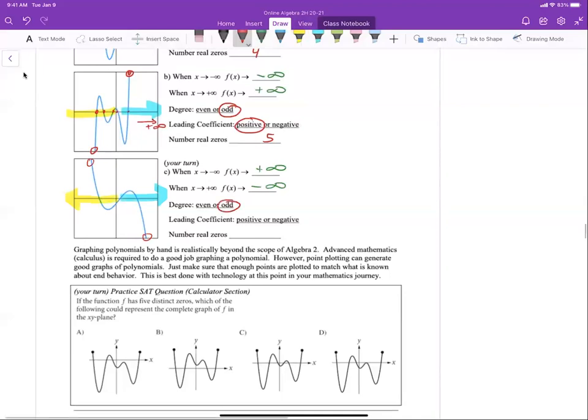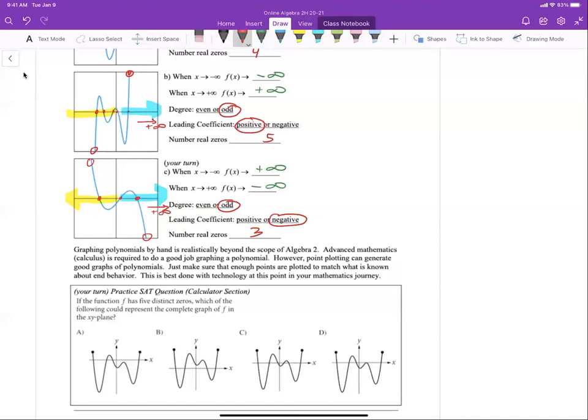Think of a line. Is the leading coefficient positive or negative? Well, what is going on on the x side? As x went to positive infinity, did y go to positive infinity? No, it went to negative infinity. So I had to multiply that leading coefficient by a negative number. Number of real zeros: 1, 2, 3.